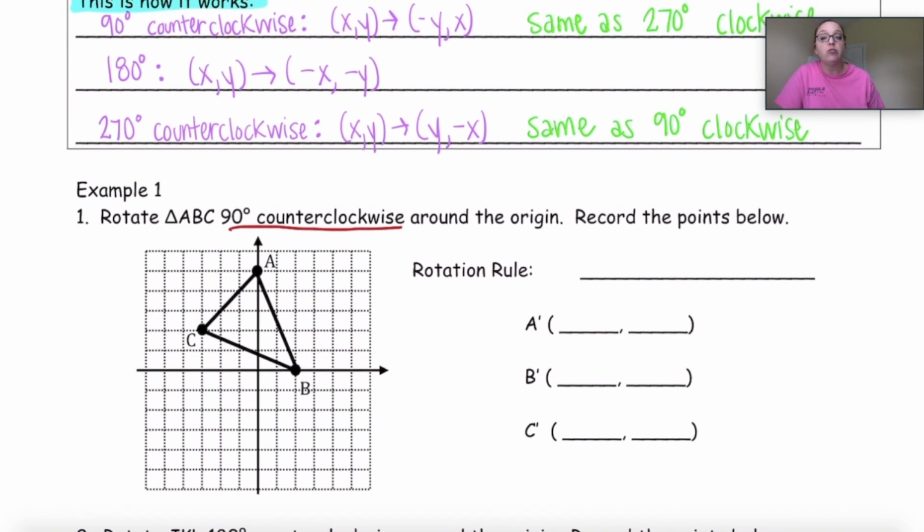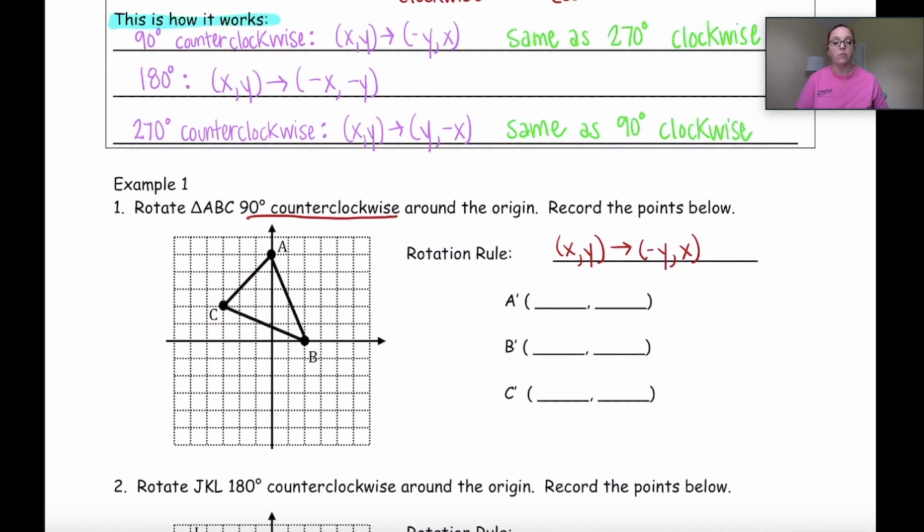That's the first rule I wrote. They all start off the same, just like with the translations and the reflections rules. We have that ordered pair (x, y), and the rule is going to be (-y, x). So we've written down our rule: (x, y) goes to (-y, x).